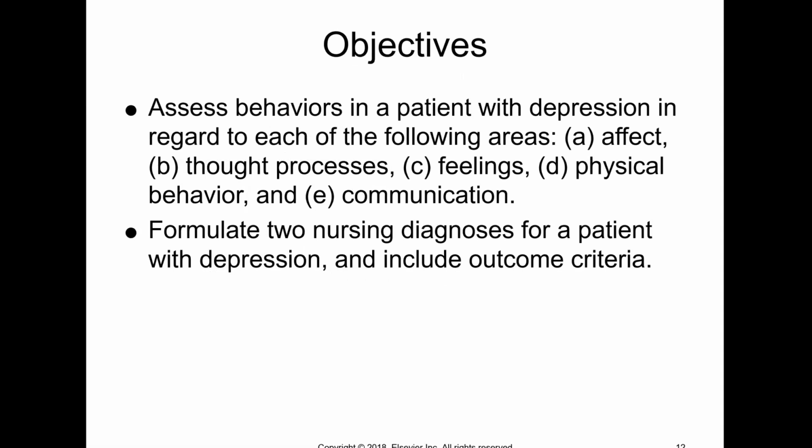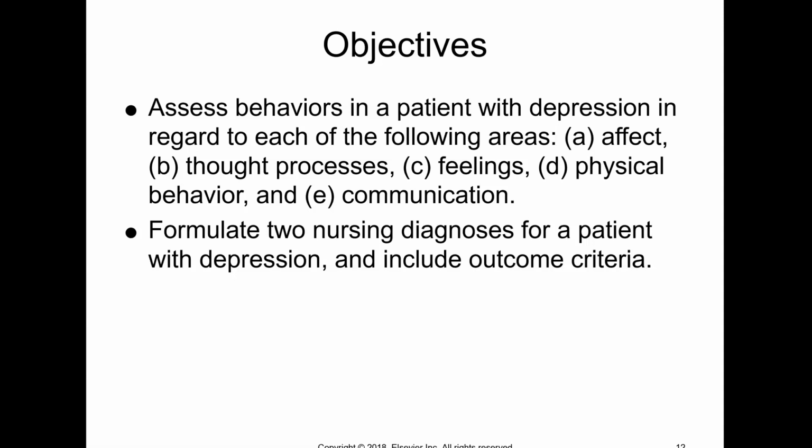How are we going to take care of people who are diagnosed with depression? Now, you know you're going to see it on your units, regardless of where you work, even if you're working in a doctor's office. This is a big part of what we're screening for these days. So we need to know how to assess behaviors in patients with depression. We need to look at their affect, their thought processes, their feelings, physical behavior, communication.